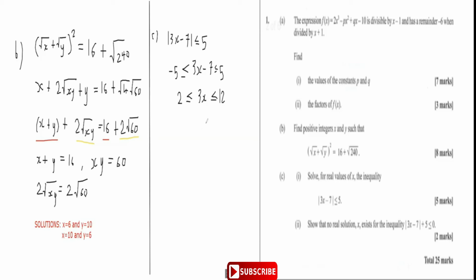Then you divide through by 3 to get that x is less than or equal to 4, but greater than or equal to 2 over 3. All right, so that is the solution for this question. Nice. So that's that.